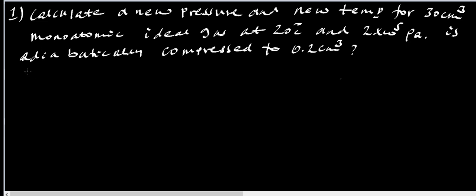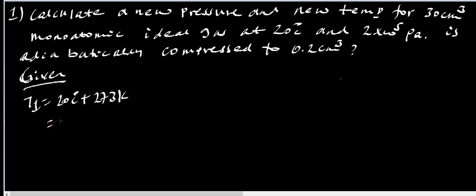Let's plug out what is given. T1 is 20 degrees Celsius, so 20 plus 273 gives 293 Kelvin, and P1 is 2 times 10 to the power of 5 Pascal.